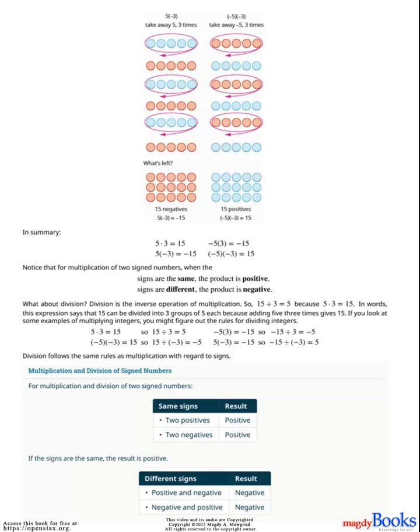Negative 5 times 3 equals negative 15, so negative 15 divided by 3 equals negative 5.